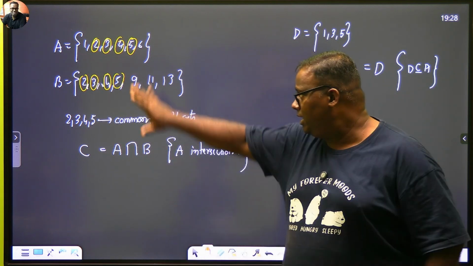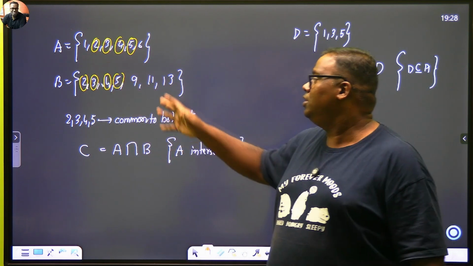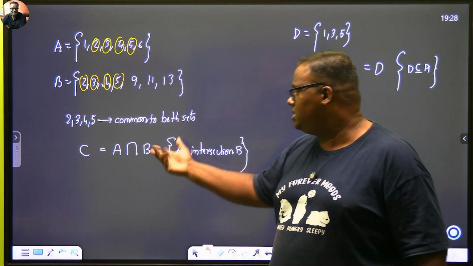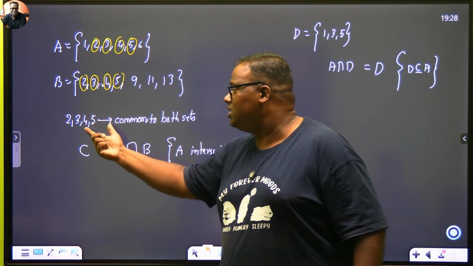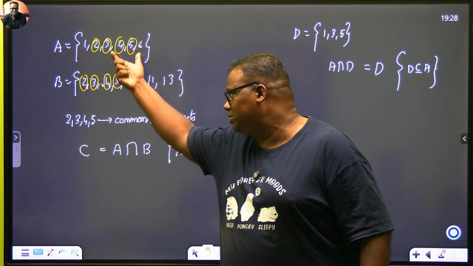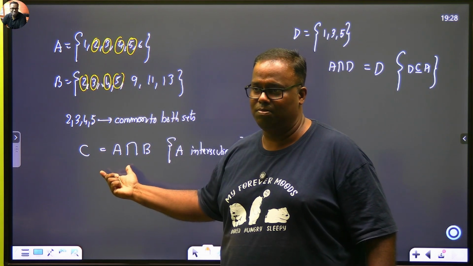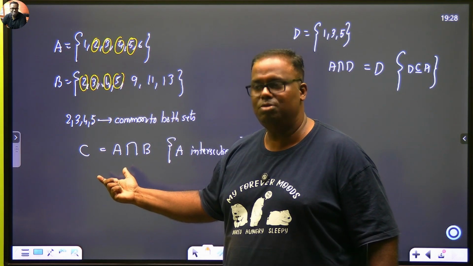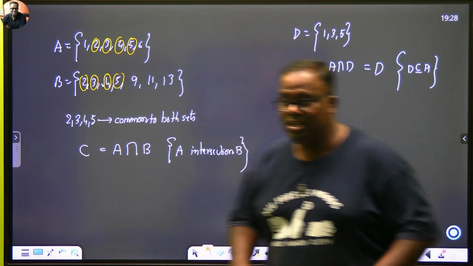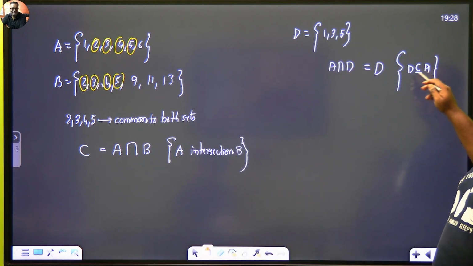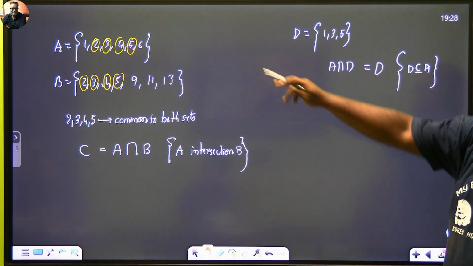So when we find an intersection between these two, it's only the common elements. So these elements are such that they neither are in this set nor this set. So you have to give them a new set name. See, समझ में आ रहा है ना? लेकिन यहां क्या हो रहा है? First of all, D is a subset. 1, 3, 5 is present there.